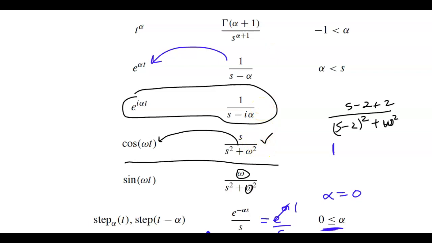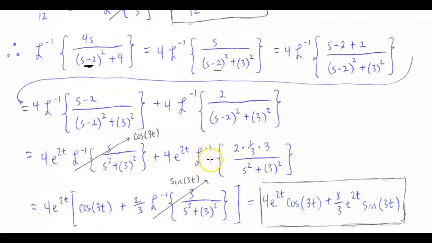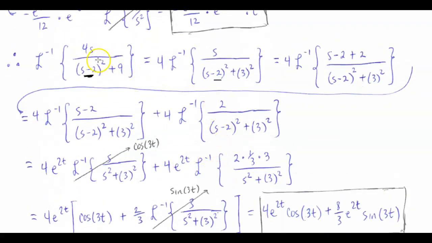So in seeing that, that is the reason why you see me here in this expression I went ahead and factored out the 4, and this S becomes S minus 2 plus 2. And so now I break this up into 2 separate expressions where I need to take the inverse Laplace transform.